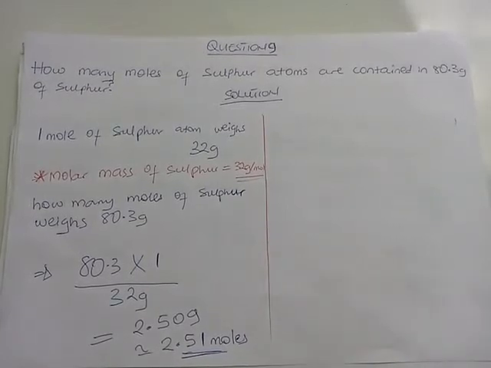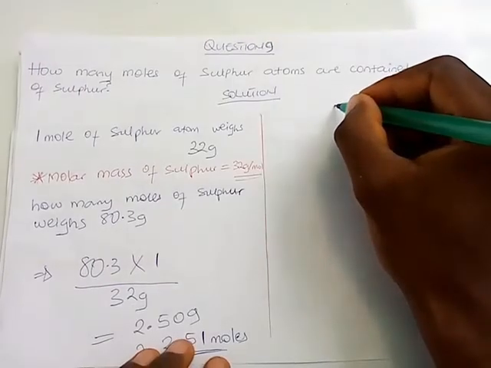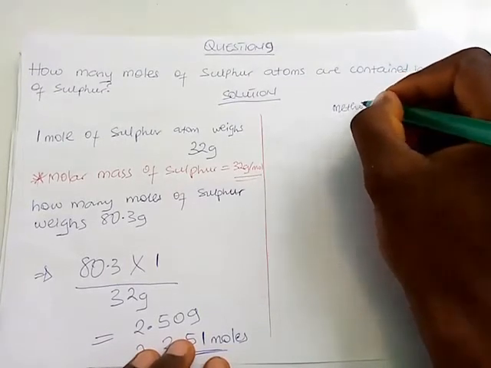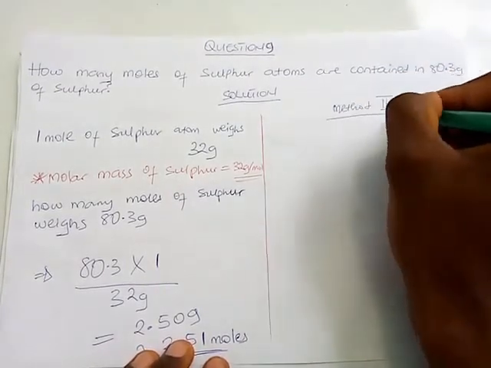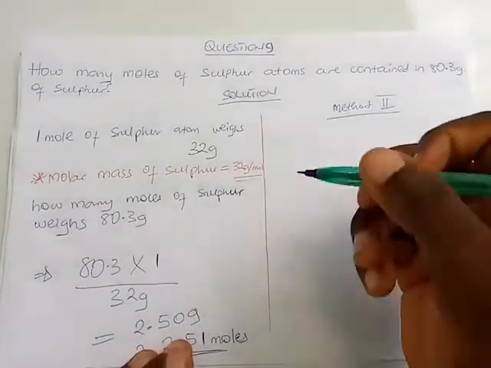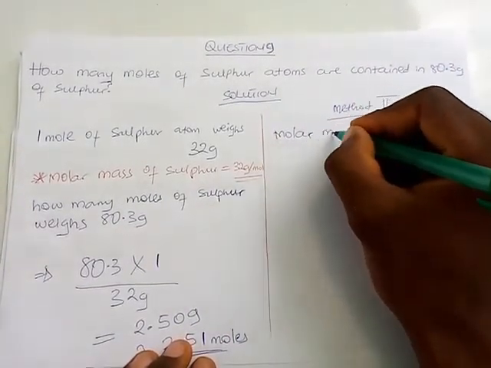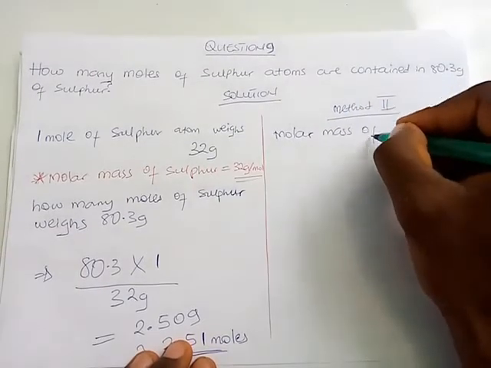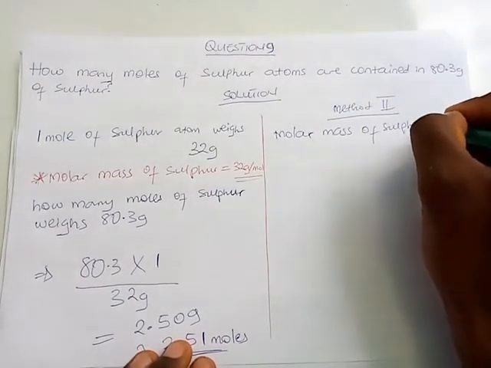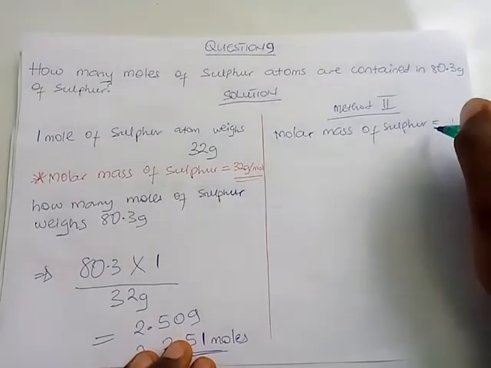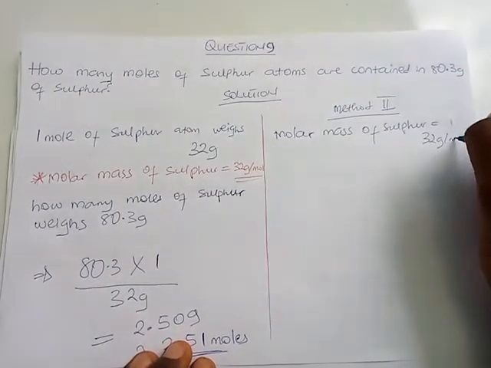Let me solve with method 2 here. I'll just call it method 2. That's by simply using the formula. The molar mass of sulfur, already we know it's equal to 32 grams per mole.